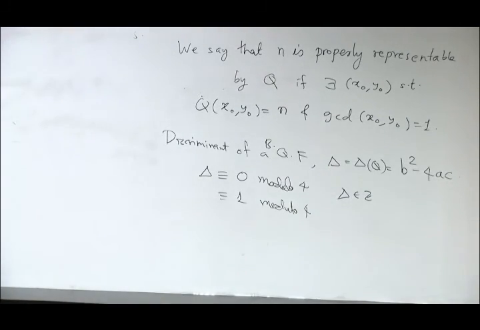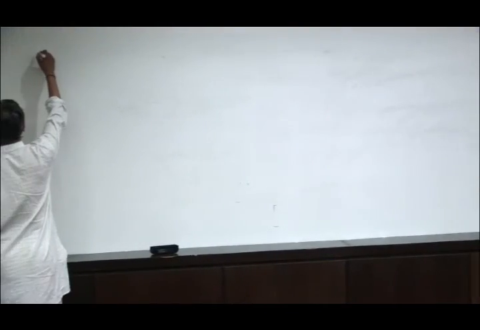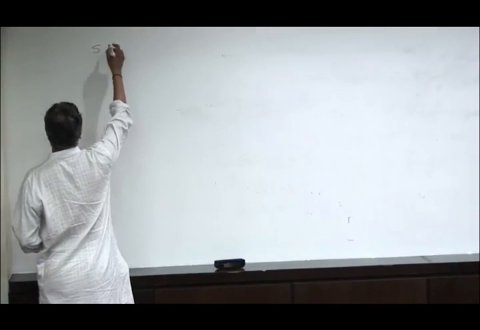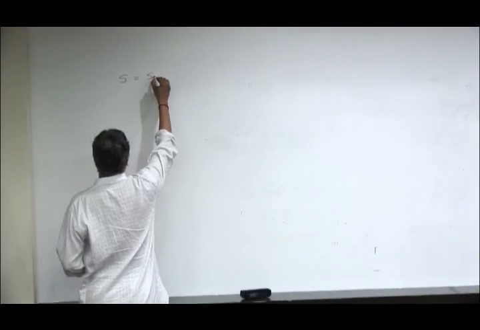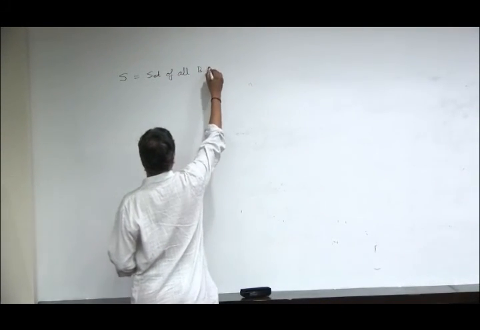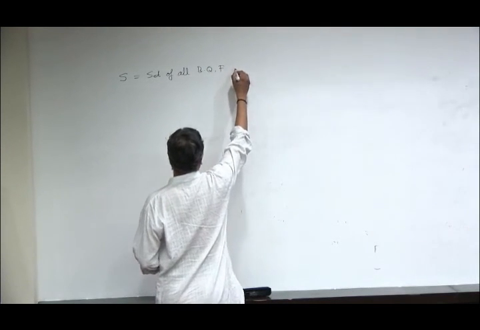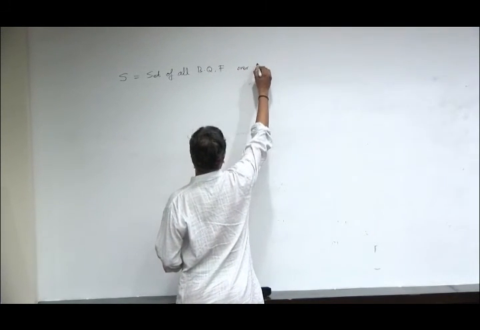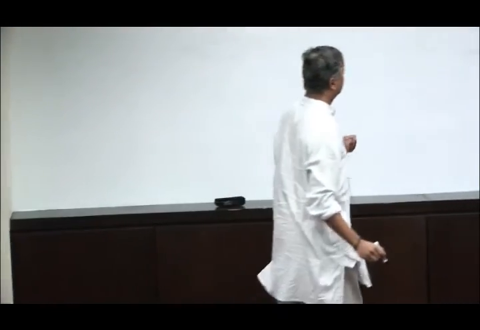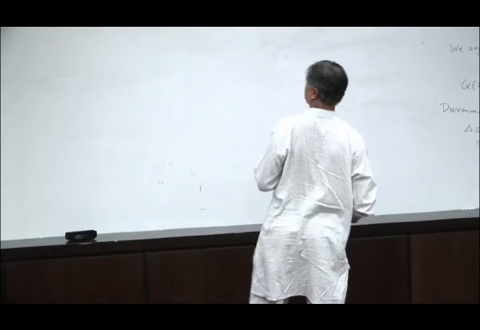Okay, so one has this set of quadratic forms. Let's call this S, the set of all binary quadratic forms over Z.